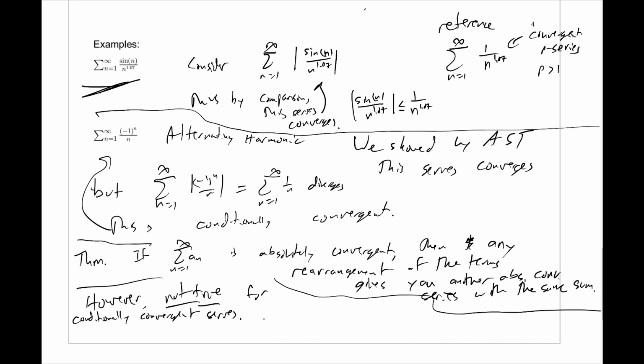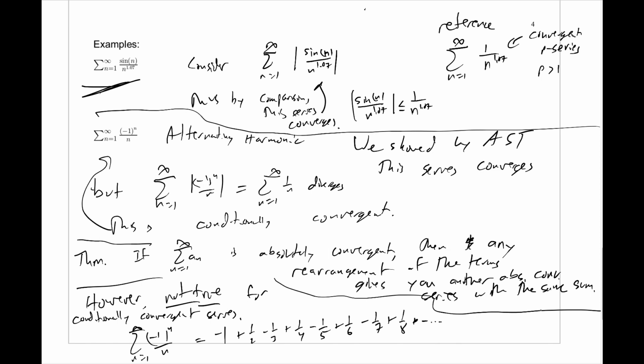And let me write down this series. The sum of -1 to the n over n, n equals 1 to infinity. This is the series -1 plus a half minus a third plus 1/4 minus a fifth plus 1/6 minus a seventh plus 1/8.